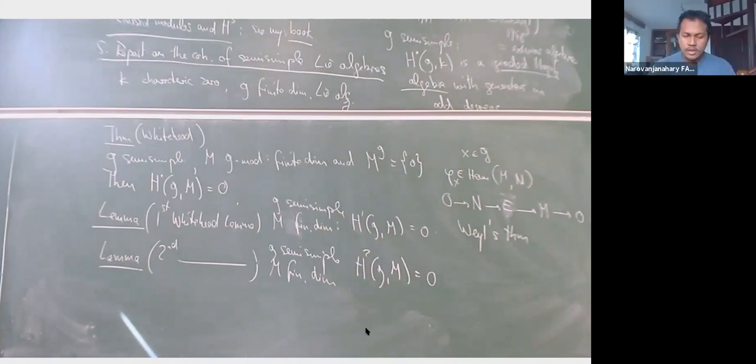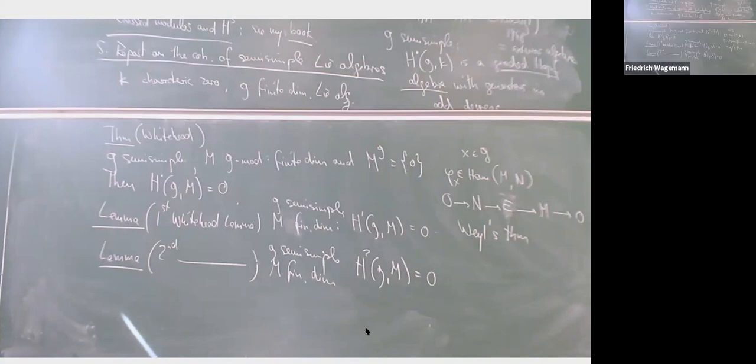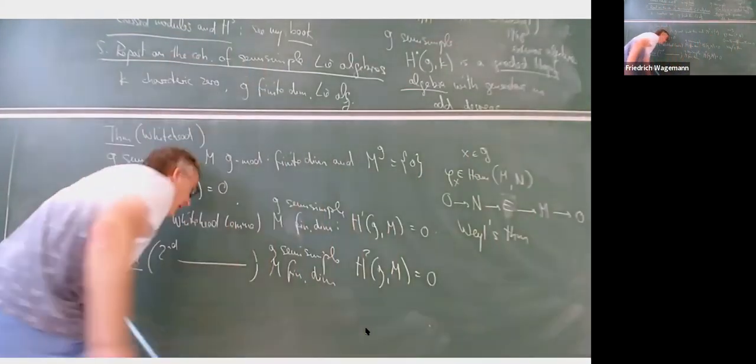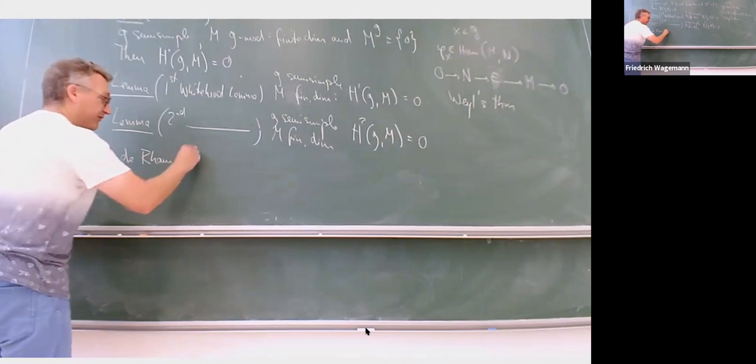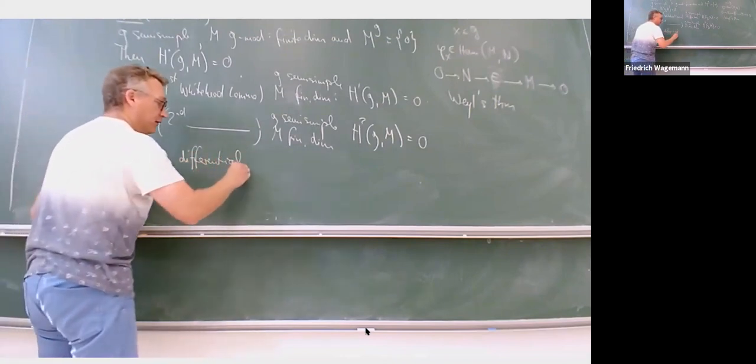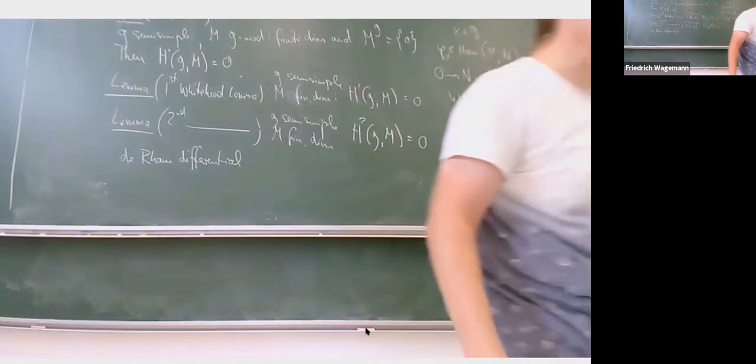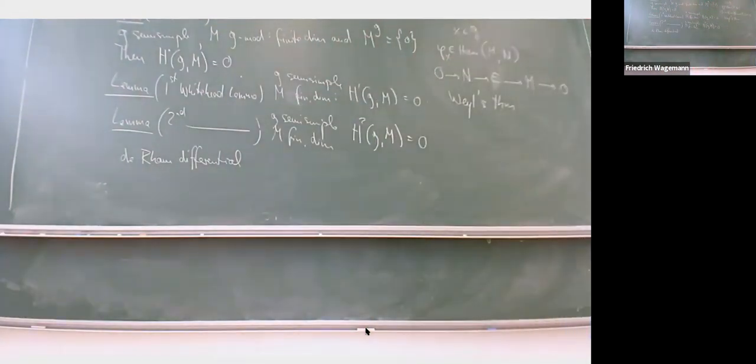Okay, so at the very beginning, why did Chevalley and Eilenberg define the map D as this? How did they get this expression of D? Yeah, they explain that it comes from differential forms. This is one expression of the de Rham differential on differential forms.